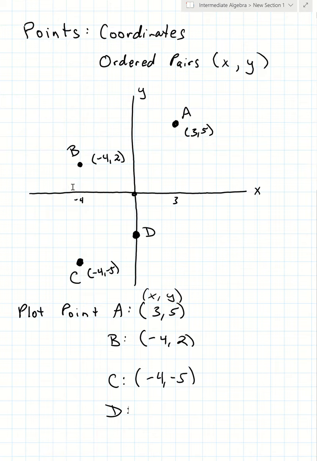We're not moving to the left in the negative direction. We are staying right here at 0. So 0 would be the x value in terms of the coordinate for point D. But then, to get point D, we have to move along the y-axis 1, 2, -3. So 0, -3 would be the location that we can come up with for point D.